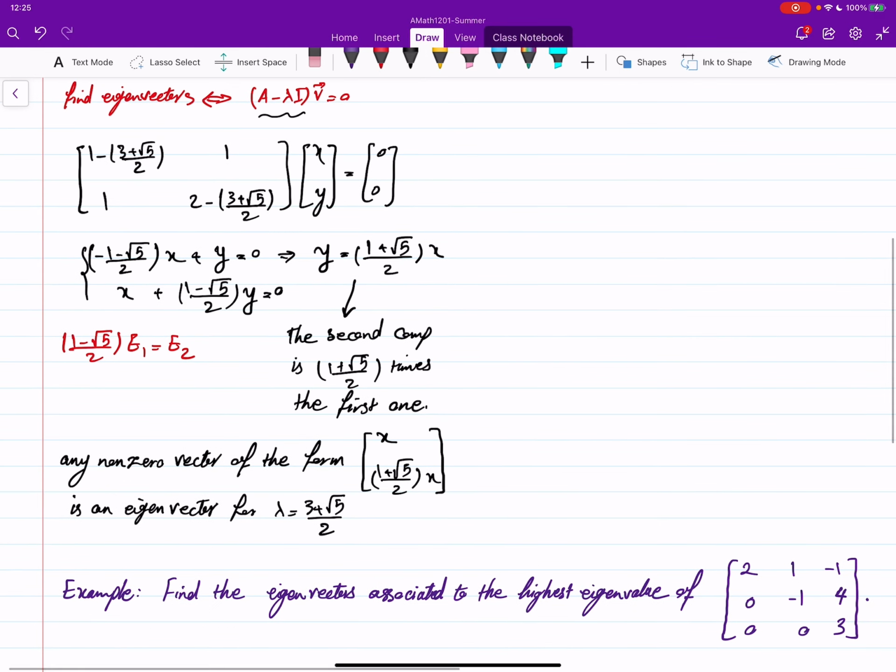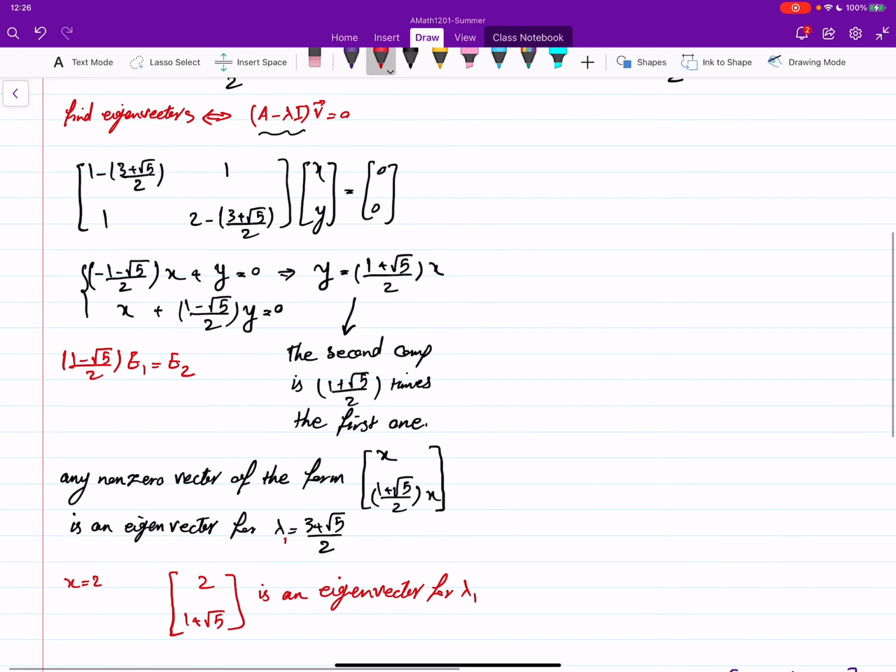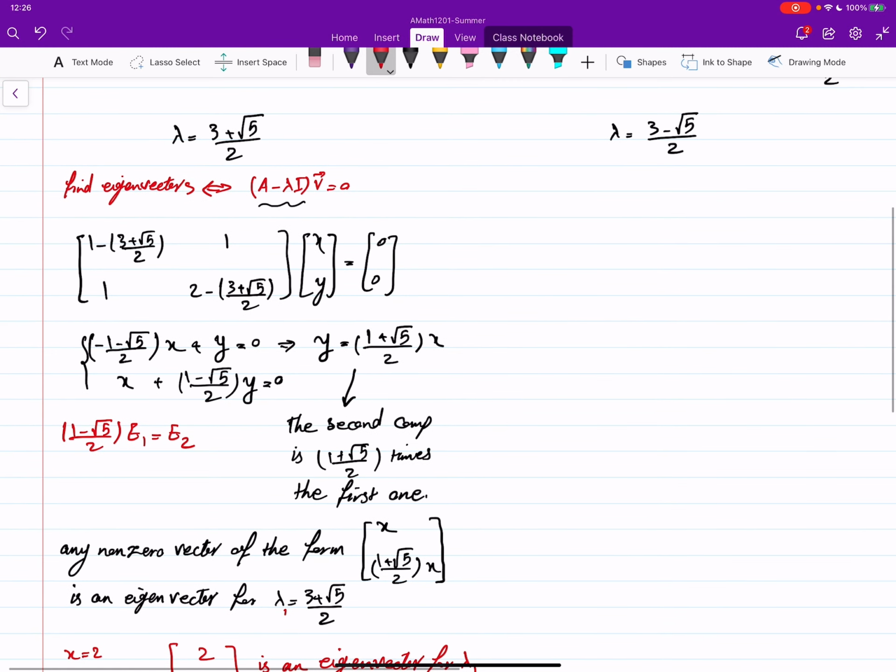You can put any value for x. For example, if x is equal to 2, then the vector 2, 1 plus root 5, where I put 2 so that the 2 and 2 cancel, is an eigenvector for lambda 1. Let me call this one lambda 1. You can do similar work for this other one.